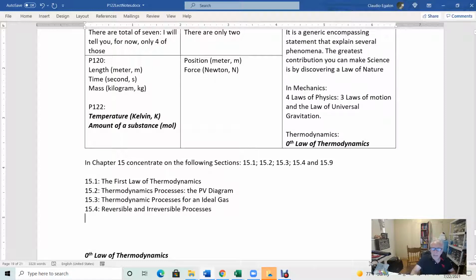And 15.9, the third law of thermodynamics. That's what you have to worry about in this course.